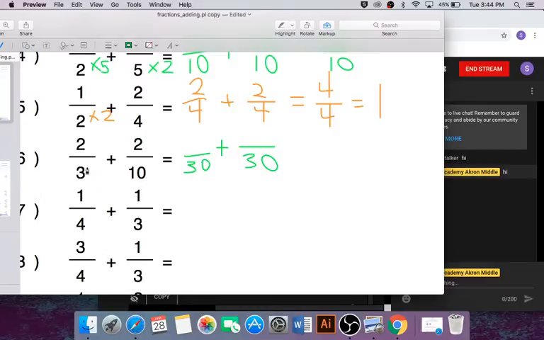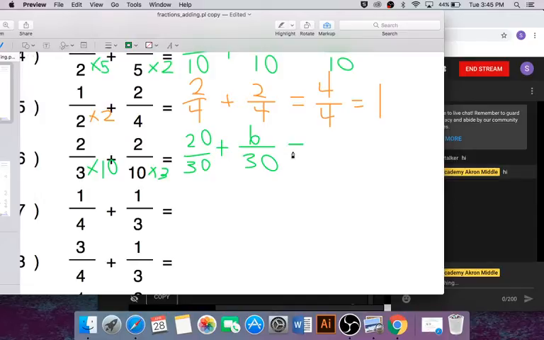Okay. 3 times 10 equals 30, and 10 times 3 equals 30. So we multiplied the bottom times 10, so over here we're going to multiply the top. So we have 2 times 10, which is 20. Multiply 10 times 3 to get 30, so we're going to multiply 2 times 3, which gives us 6.